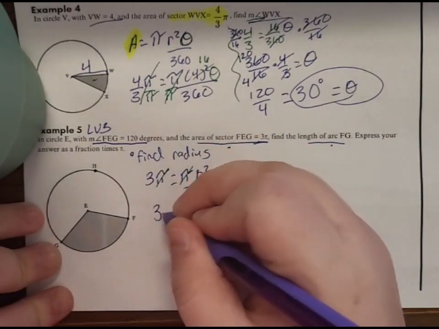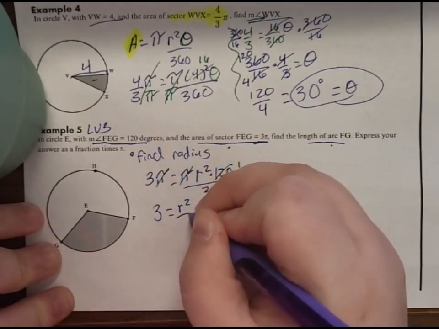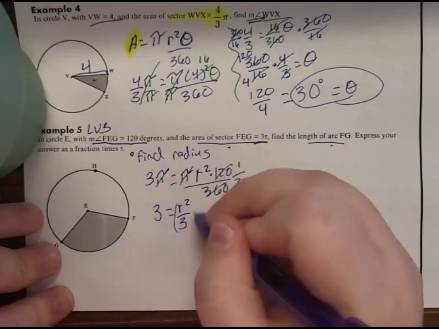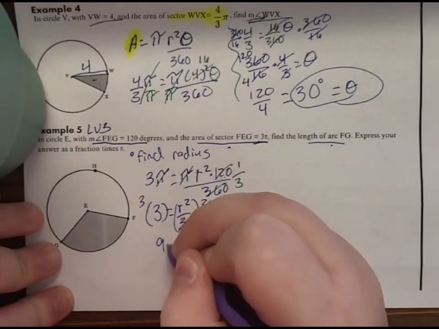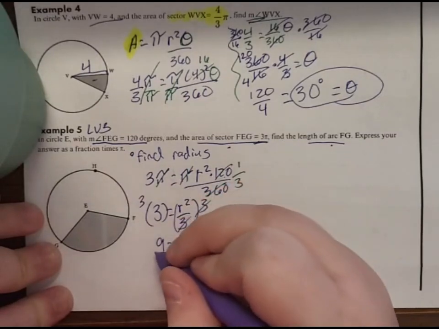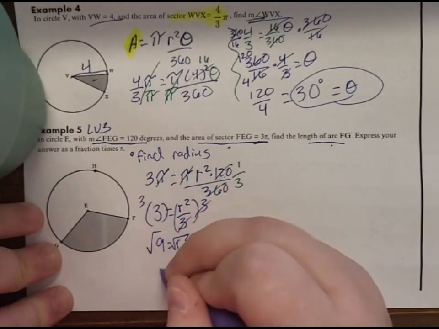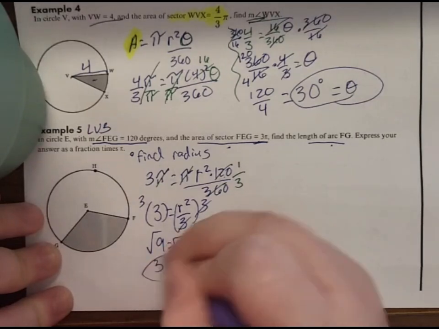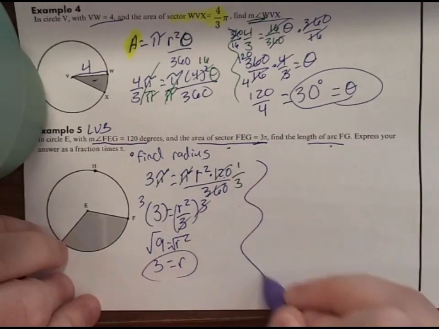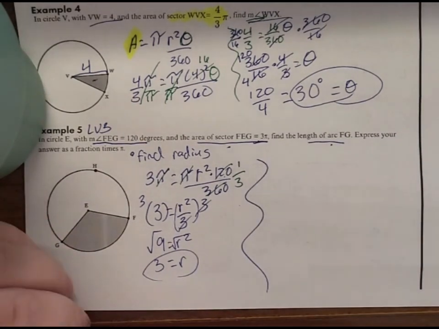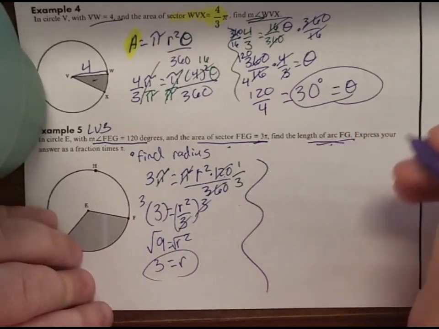So right now we have 3 equals r squared over 3. Multiply both sides by 3. That gives us 9 equals r squared, which we take the square root of to get 3 equals r. Okay, that's level 2. Level 3, we just throw that back into the arc length formula.